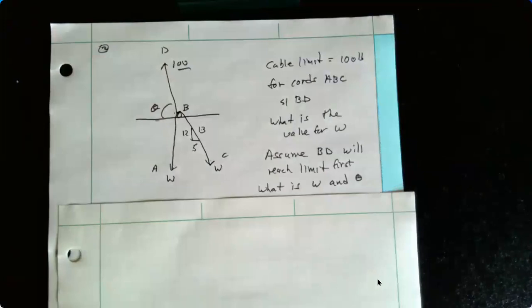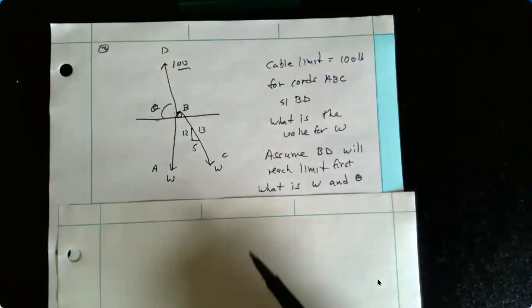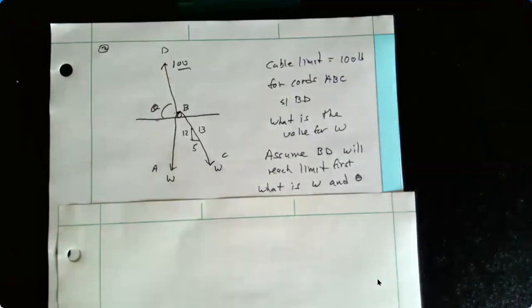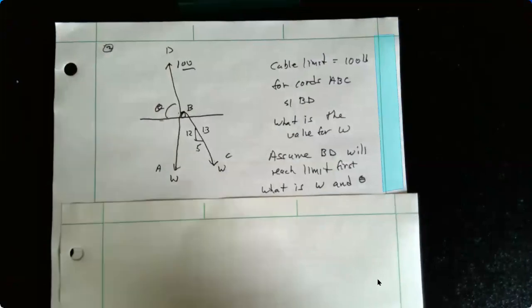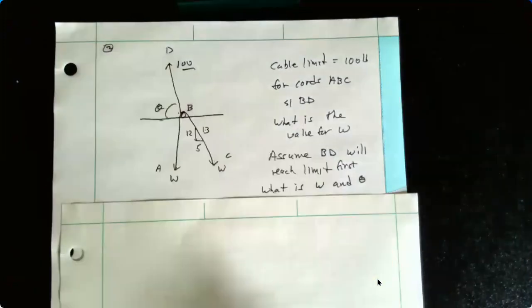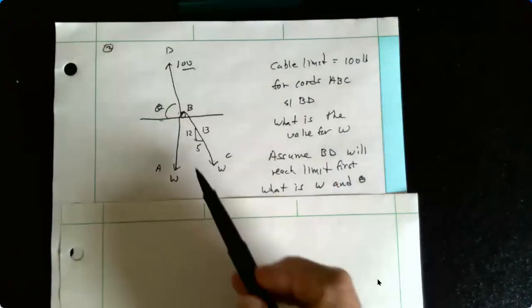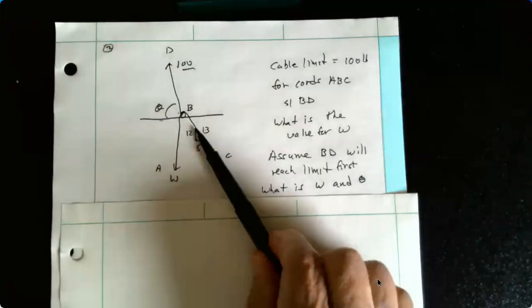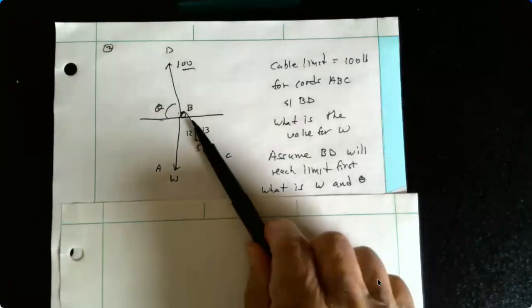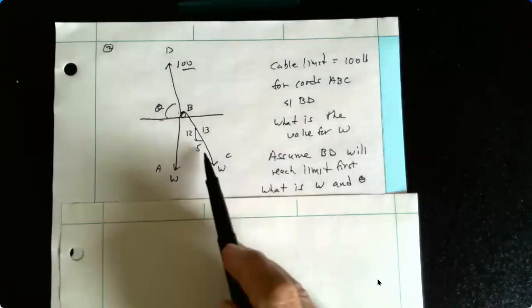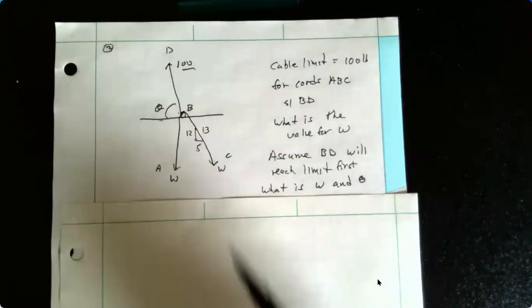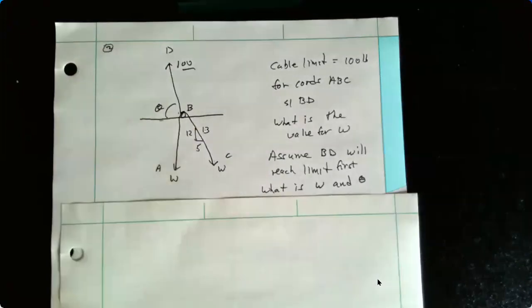And what we want to know is the value for W. And this angle theta that we have DB acting at. Okay. We do have a slope given for this part of the cable system. It's 5 horizontal, 12 vertical, and so it's 5, 12, 13. 13 would be the hypotenuse.